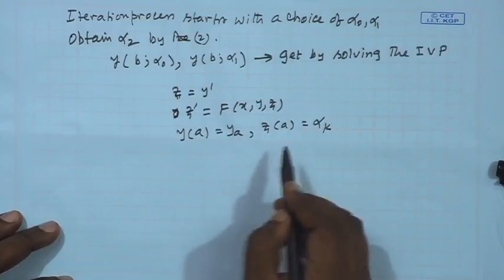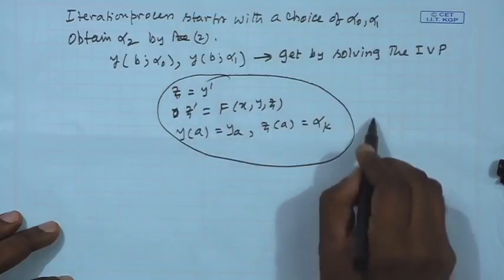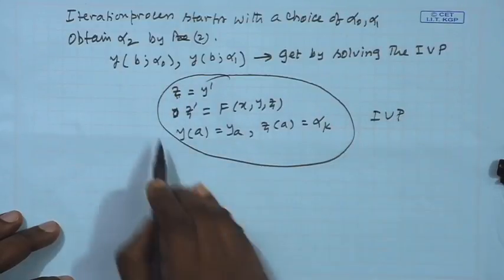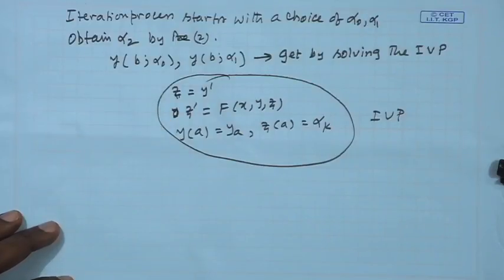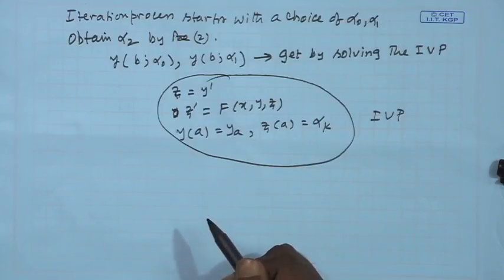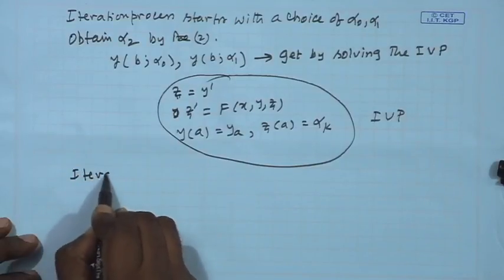So, every time we solve this equivalent IVP to get y_b(alpha_k). Once y_b(alpha_k) is obtained, go to equation 2, get the next modified alpha_{k+1}, and repeat the process. So, the iteration process continues.